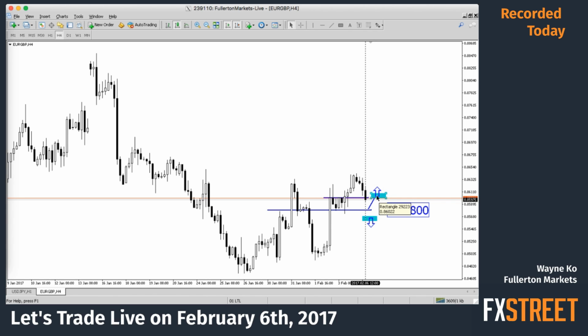Yeah, if it closes above the line over there, then possible to go long. Okay, this would be 2 trade ideas for your consideration on Euro Pound.